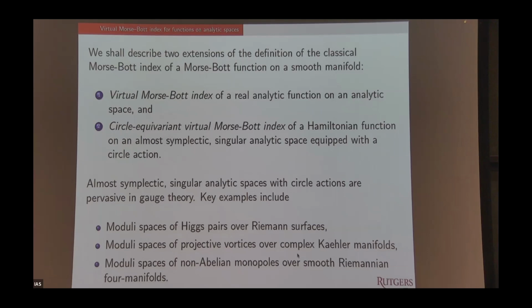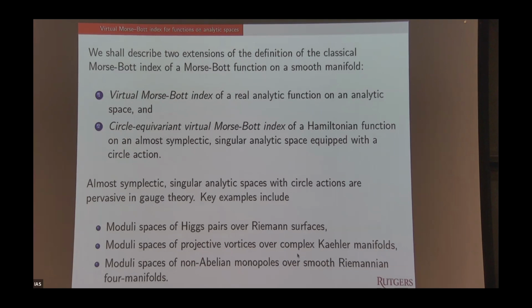And so this might seem a little bit specialized, but in gauge theory, there are lots of situations where this kind of setup arises. So it arises in Hitchin's original study of Higgs pairs over Riemann surfaces. He chose to add in a restriction that ensured his moduli spaces were always smooth. But one could apply this notion to his moduli spaces when you drop his specialized assumption.